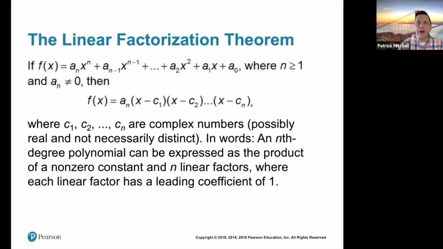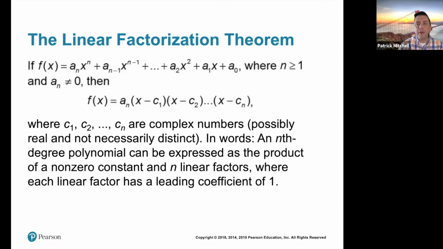So if f of x is a polynomial with degree greater than or equal to 1, and the leading coefficient is not 0, I don't think they necessarily needed to say that, but anyway, then f of x can theoretically be factored like this, where you have your leading coefficient sitting out front, and then you have a set of n factors where these numbers c1, c2, up to c sub n are complex numbers, and they are not necessarily distinct, right?